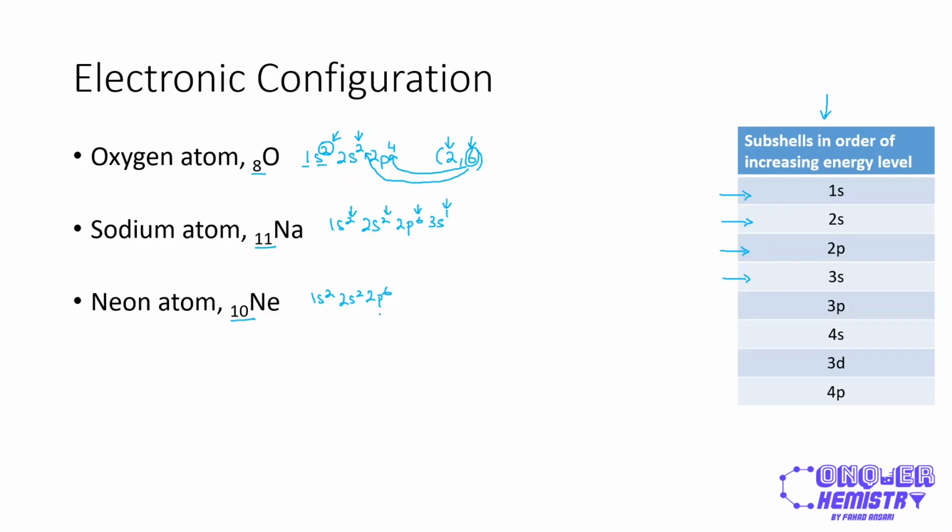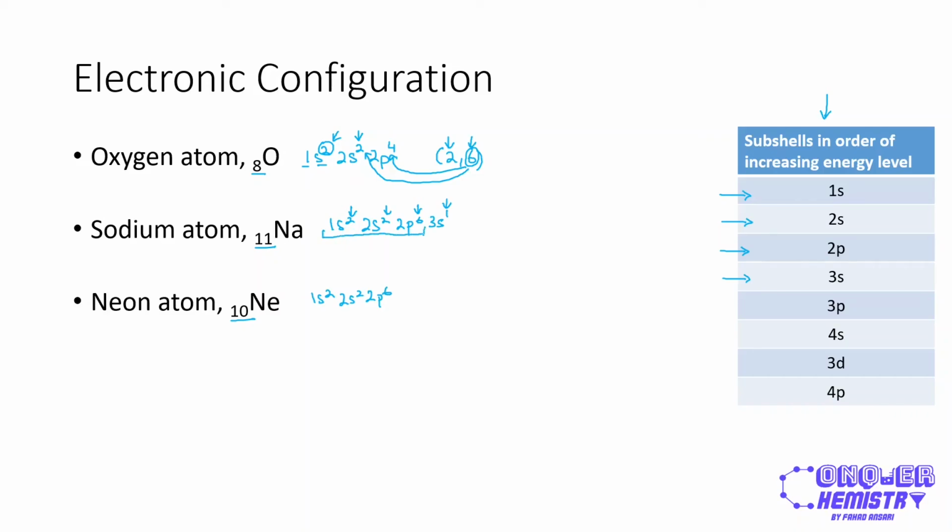All right. Now, in order to shorten electronic configurations that get too long by this method, we could replace the beginning part of an electronic configuration of an atom or an ion by the symbol of a noble gas. So for example, the sodium atom, you could see this first part, 1s2, 2s2, 2p6.